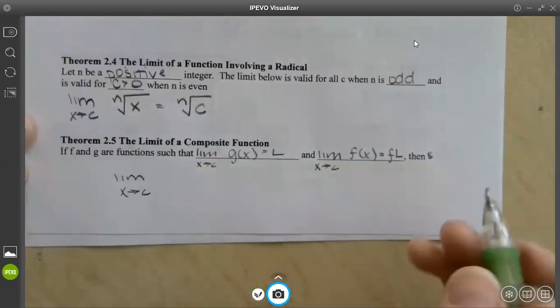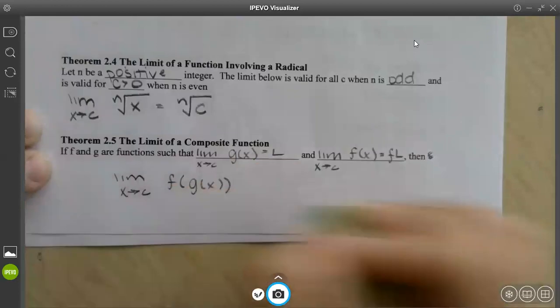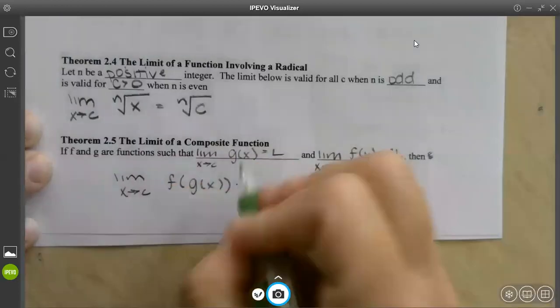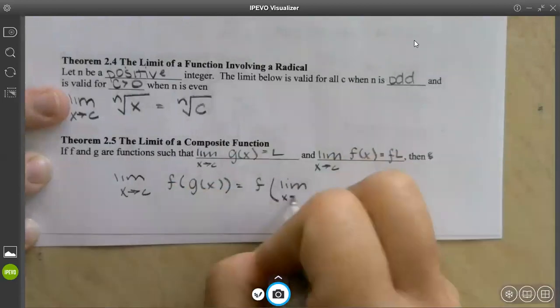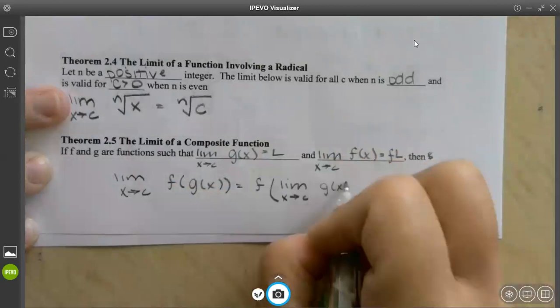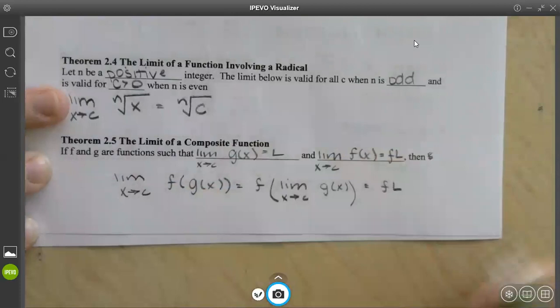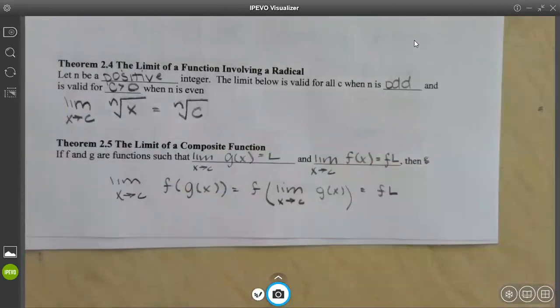The limit as x approaches c of f of g of x is equal to f times the limit as x approaches c of g of x, which is the same thing as f times L. Now, on my composites, I don't ever do that. I just plug them into each other, direct substitution. Okay, so don't let it look complicated. Any questions on that?